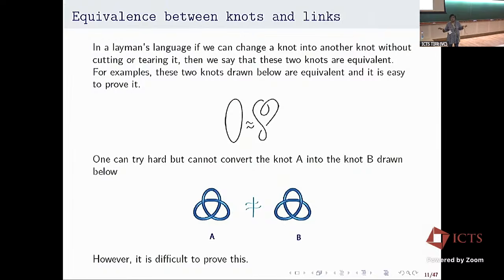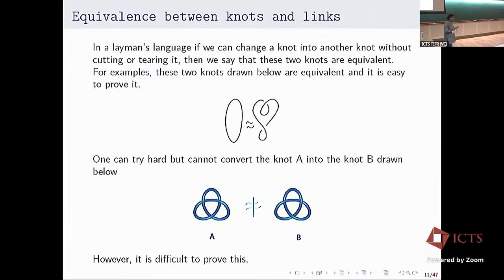When you go to something a little more advanced, you put a structure, like a group, and the equivalence gets slightly more rigid. Similarly, two knots or two links may look different, but how do I know they are the same?